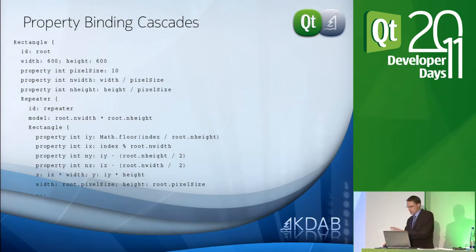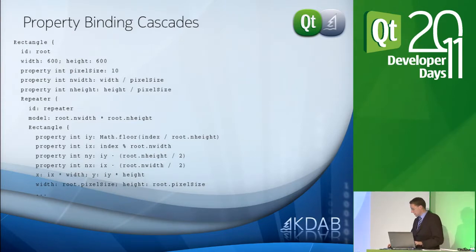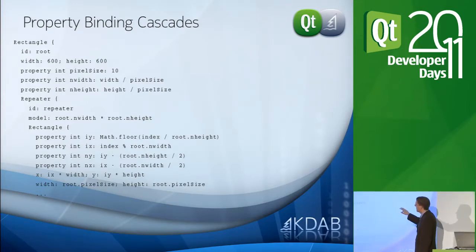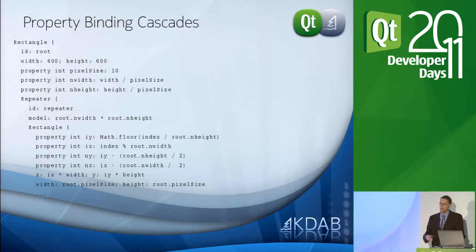So but this doesn't really give us much yet. That solves the problem with the nonlinear scaling, but it's still way too slow, because we still have at least 3 regenerations of the repeater. And the repeater is 3,500 rectangles, so that's still very expensive.